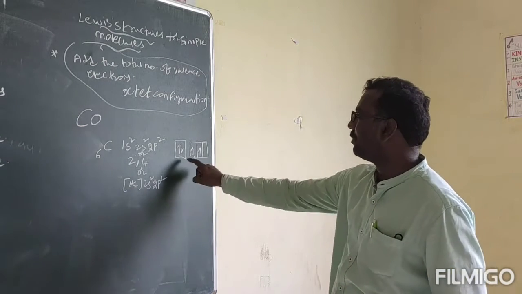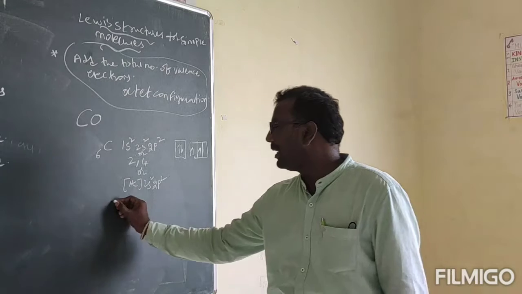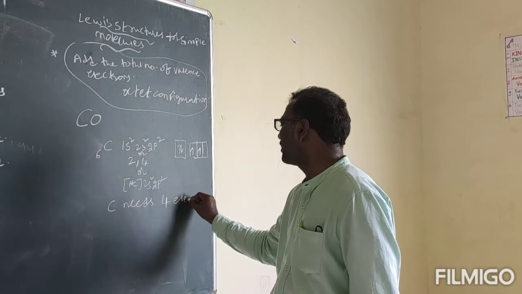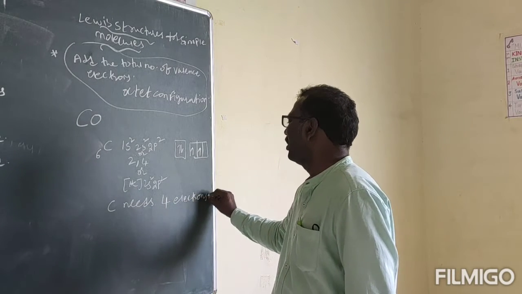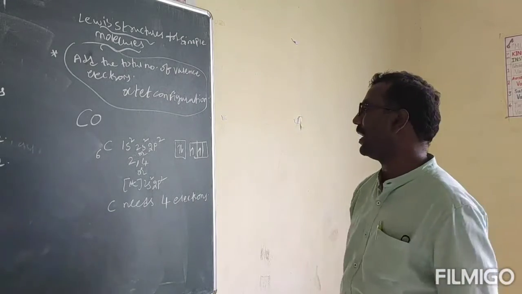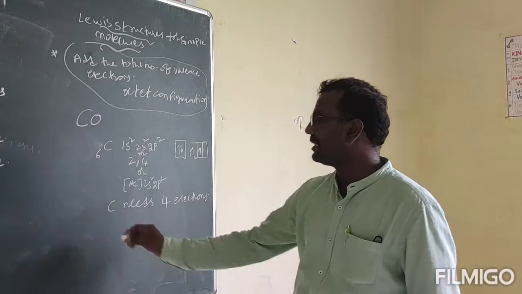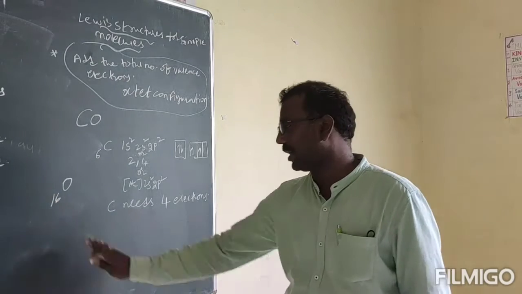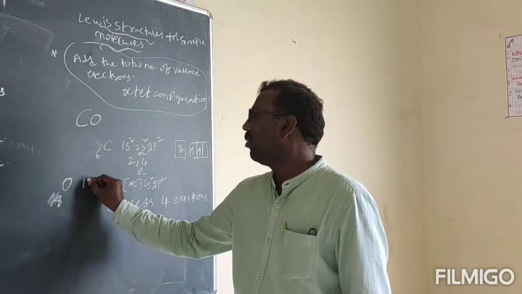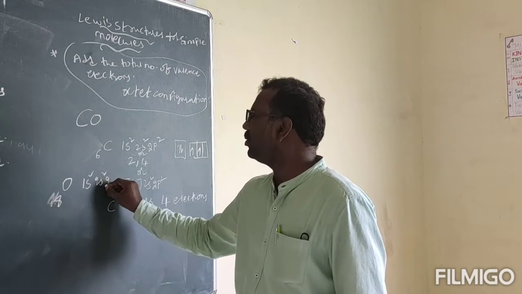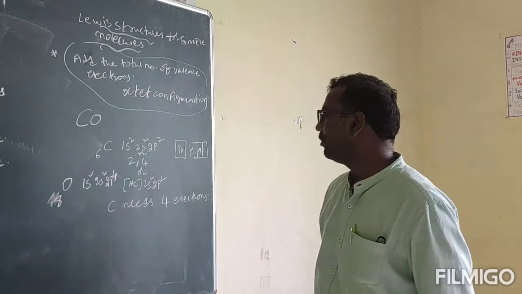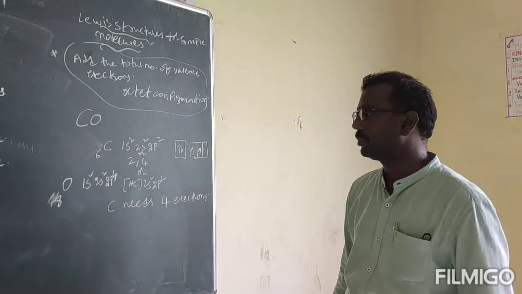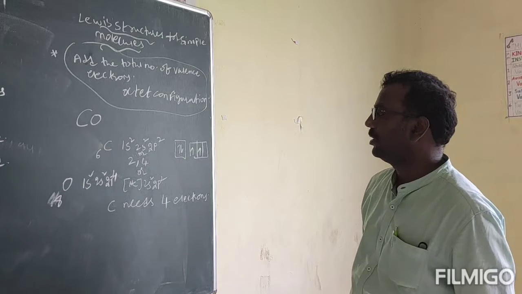So now what is happening? Carbon needs 4 electrons to attain octet configuration, and at the same time oxygen is 8. So 1s2, 2s2, 2p4, means how many does it require? It requires 2, is it or not?